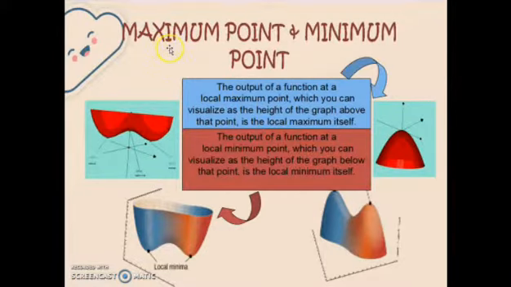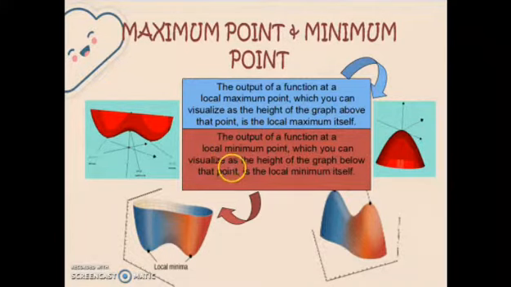First, we go to maximum point and minimum point. Maximum point is the output of a function at a local maximum point, which you can visualize as the height of the graph above that point, is the local maximum itself.